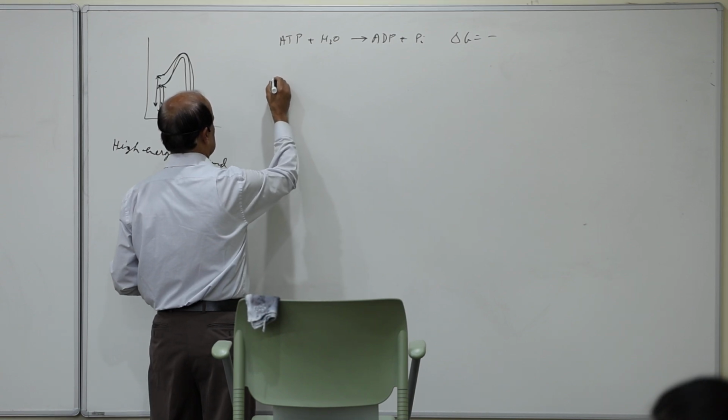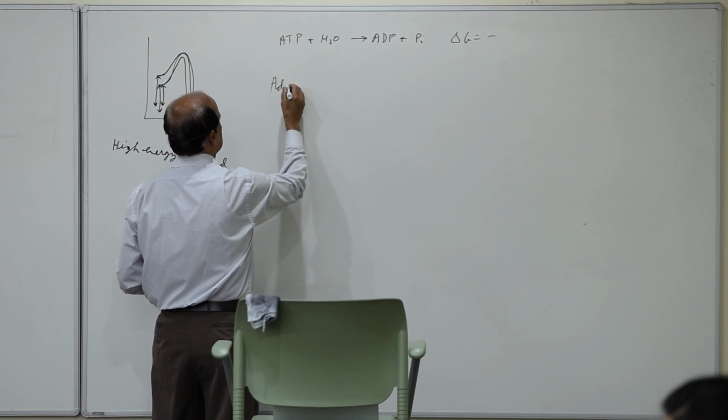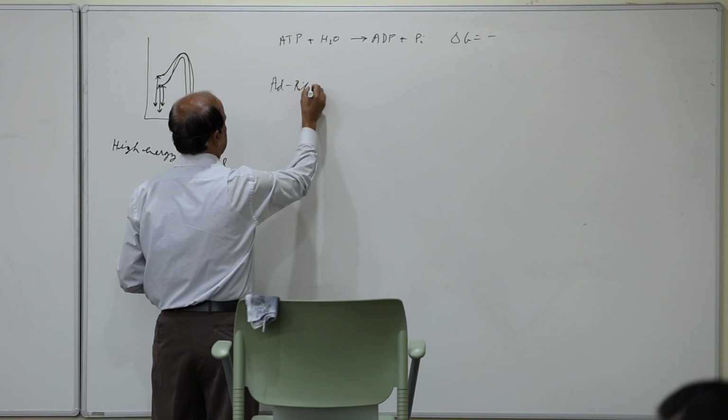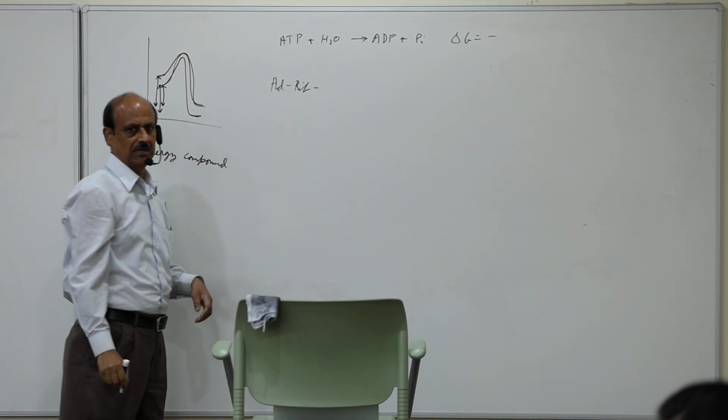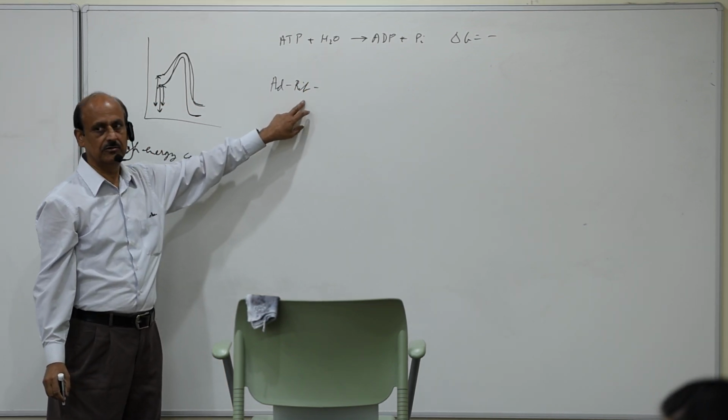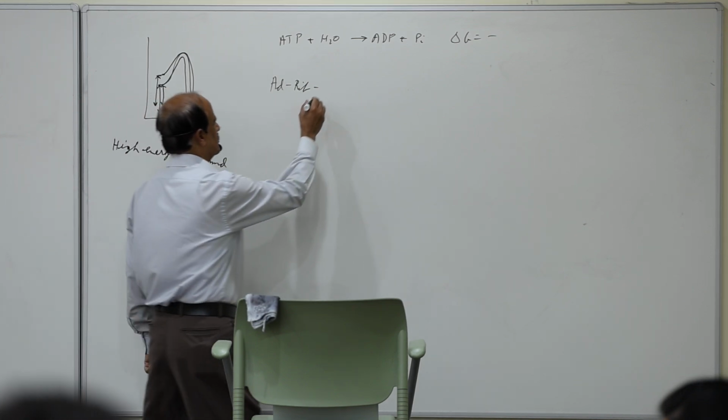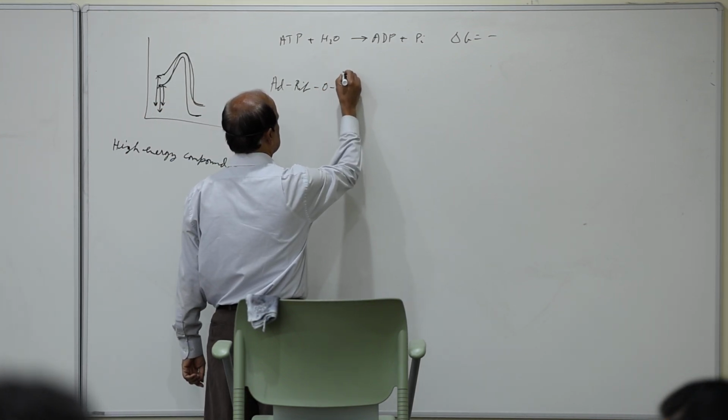So let's look at the structure of ATP. As I mentioned many times before, ATP is adenosine, ribose, and then 3 phosphates. So let me draw the 3 phosphates.